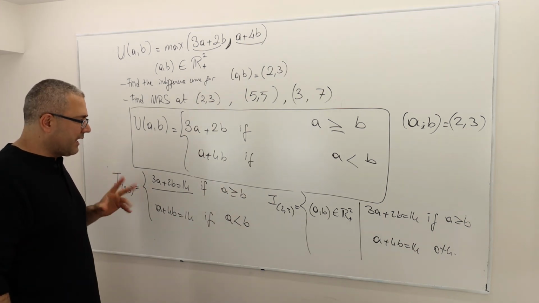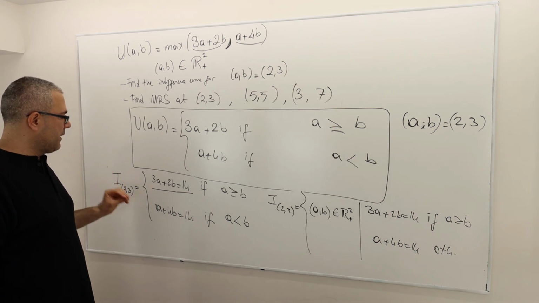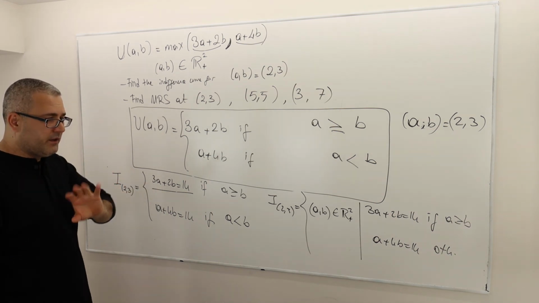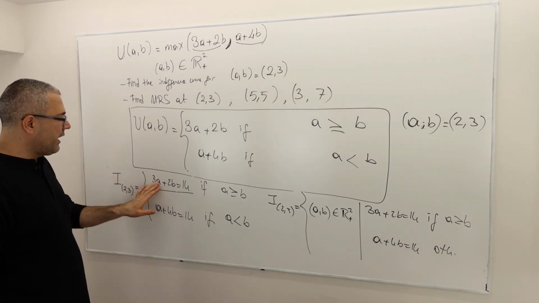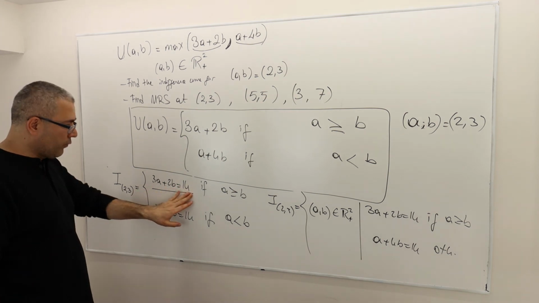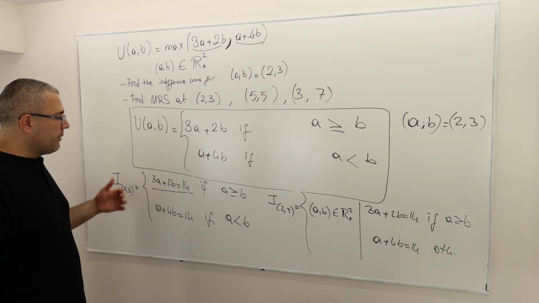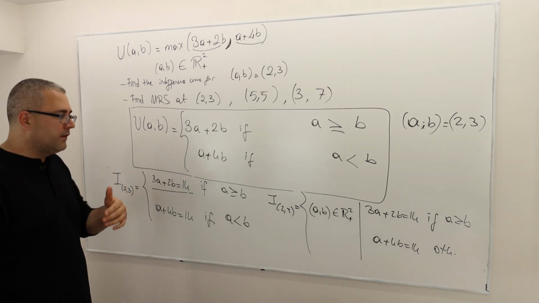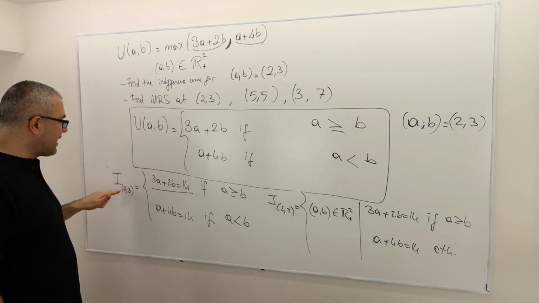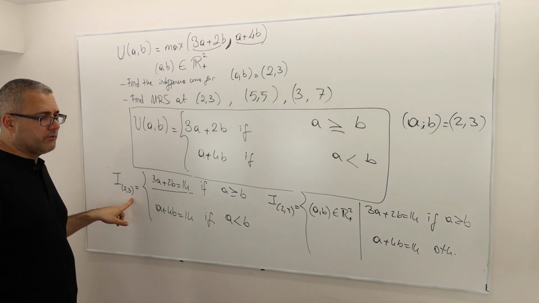So once again, that's the idea. Yes, that was a very nice question. Thank you very much. So 3a plus 2b is not equal to 14 when a is 2, b is 3, but I don't care because I am trying to find A's and B's that are indifferent to (2, 3). What does that mean?